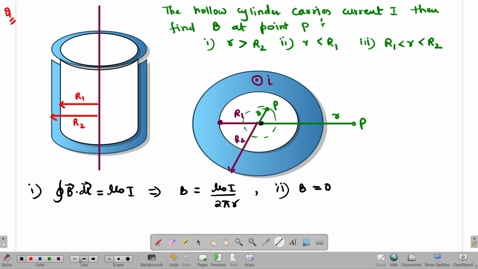I have to check for that part which lies in between. This is point P. Right or not? So when I select an Amperian loop over here, some part of the current from that surface is outside while some part lies inside, isn't it?